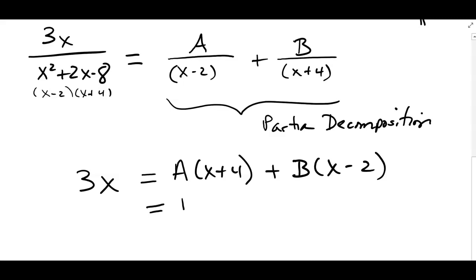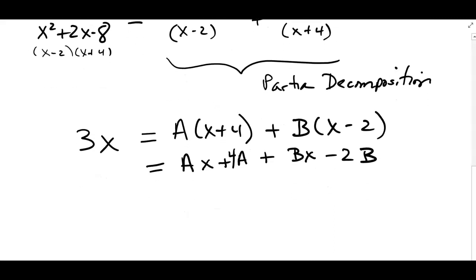All right, so I can work that out. That's ax plus 4a plus bx minus 2b. What I want to do at this point is rearrange my a's and b's together. So ax plus bx plus 4a minus 2b.